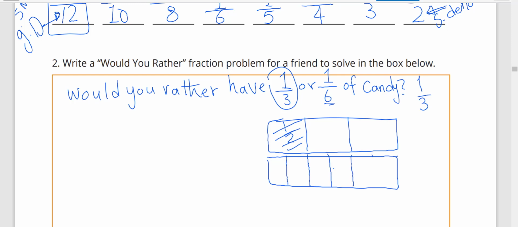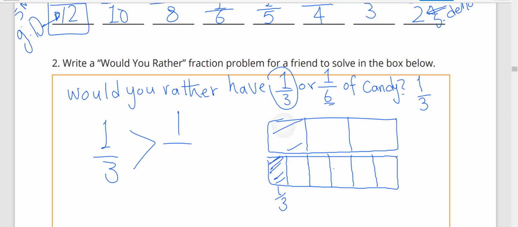Now we get 6 equal parts. Here each part is a third, and here each part is a sixth.